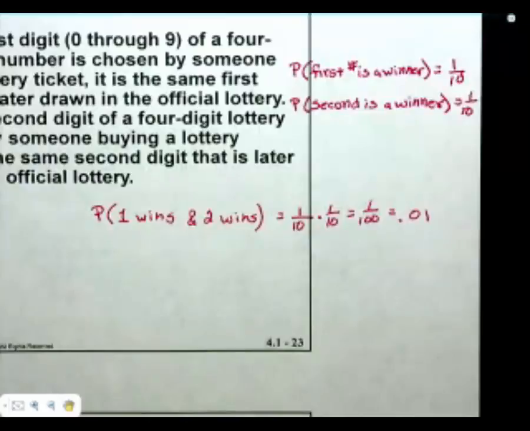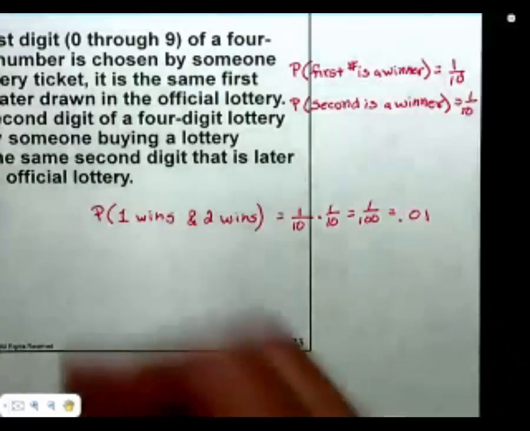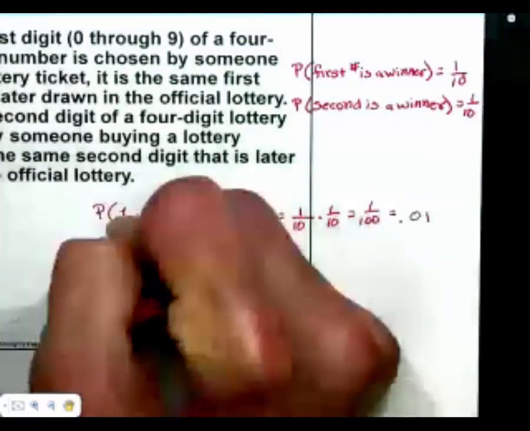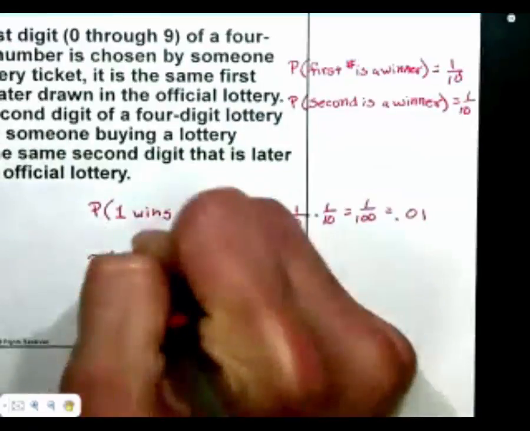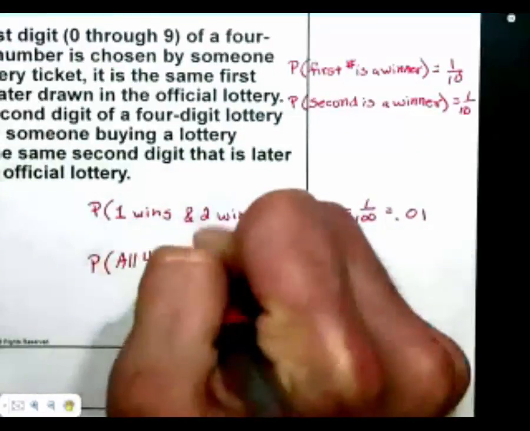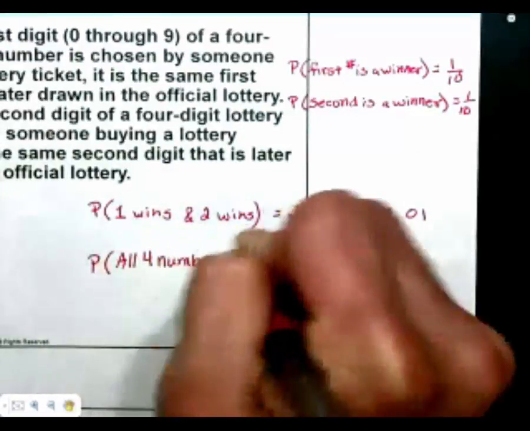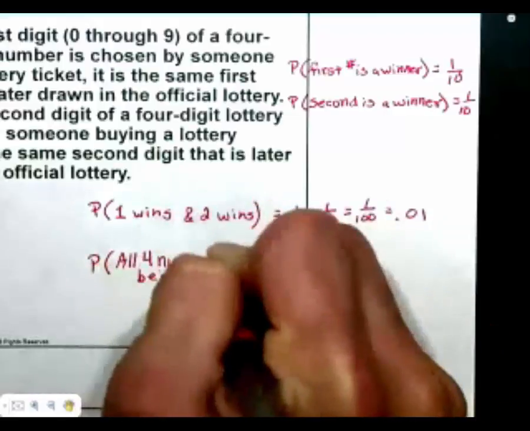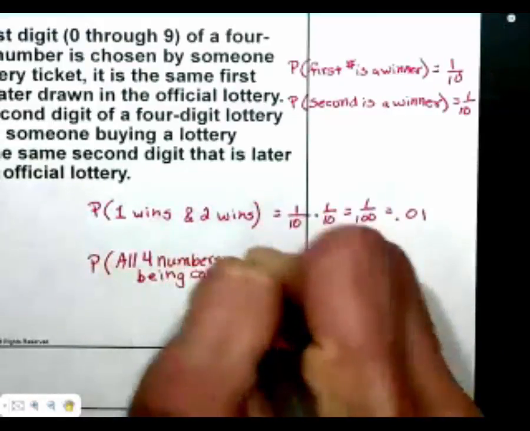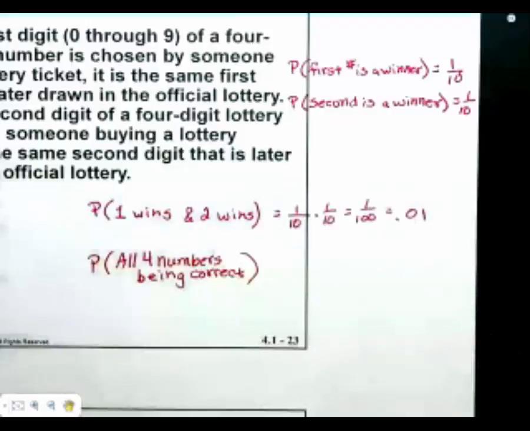Just to show you why it's so hard to win the lottery, let's do the probability of all 4 numbers being correct, or being the winning number. How would you get that?